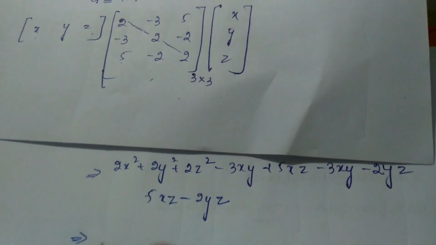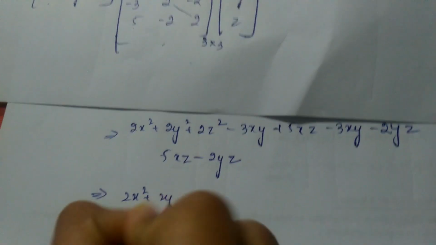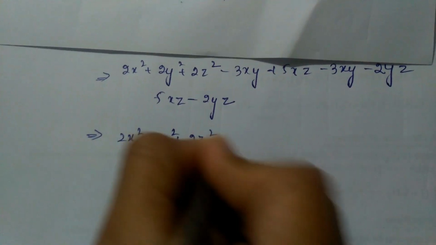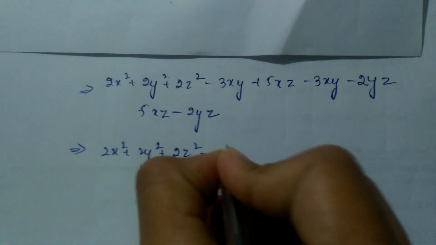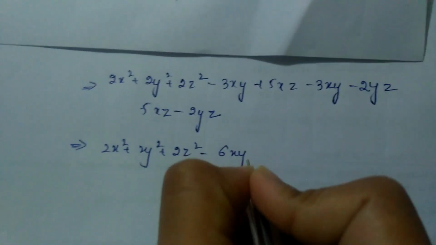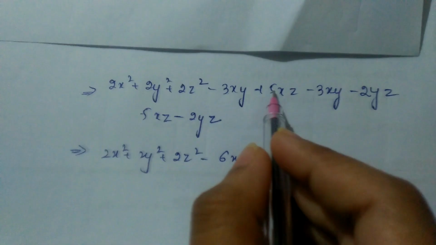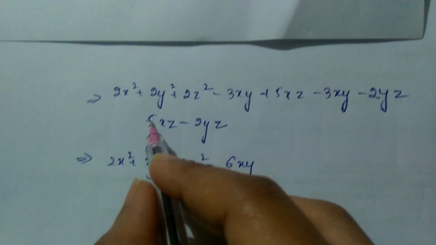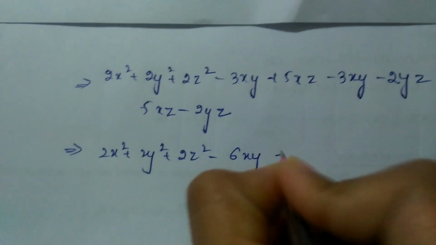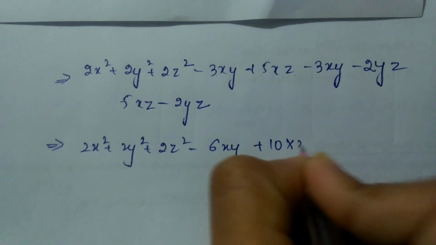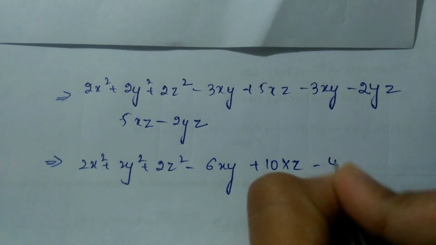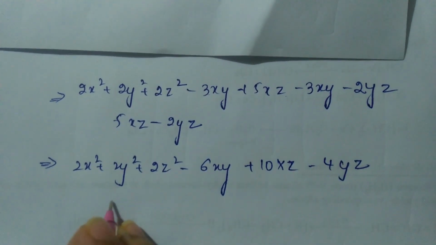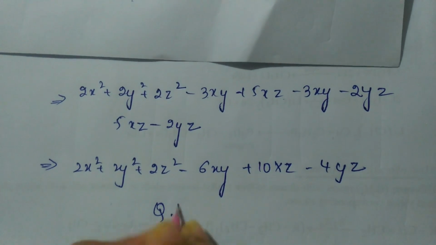When you solve all this, 2x square plus 2y square plus 2z square, minus 3xy twice comes as minus 6xy, 5xz plus 5xz comes as plus 10xz, and minus 2yz twice comes as minus 4yz. So this is the overall quadratic form.